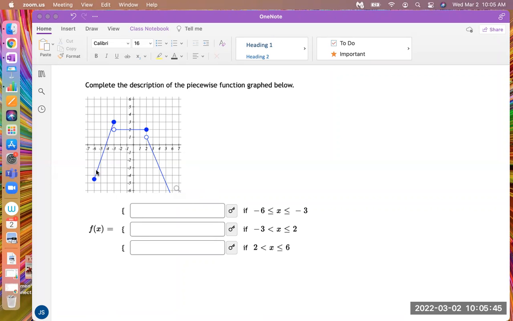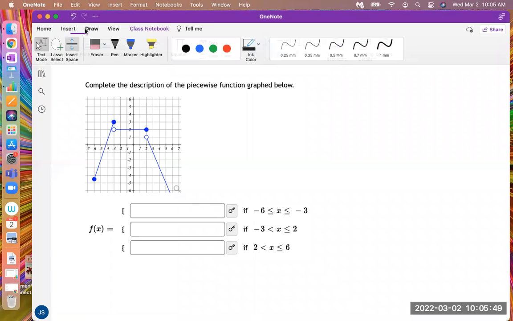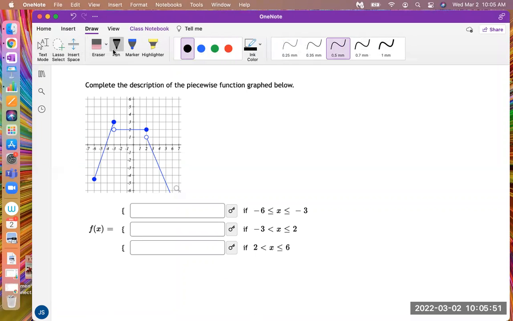To find the equation of a line, we just choose 2 points that are on that line, or you need 1 point and the slope of the line. So let's look, and I try to find a point that's right on the cross hatches, meaning it goes right where the horizontal and vertical lines meet.